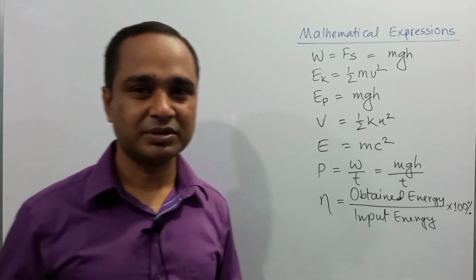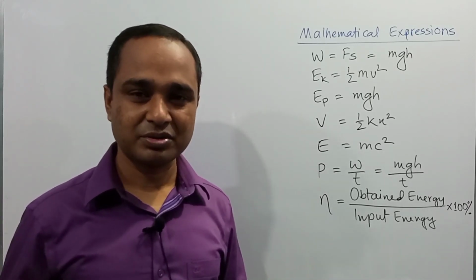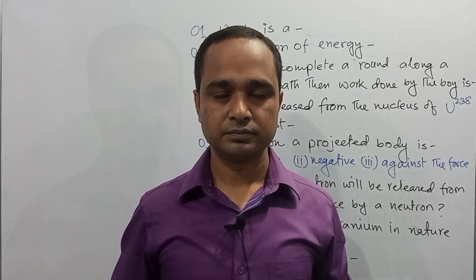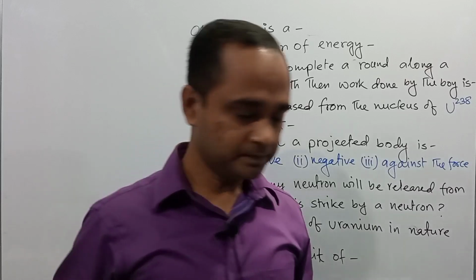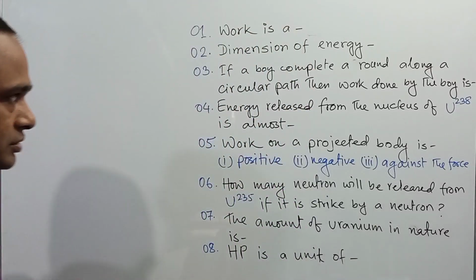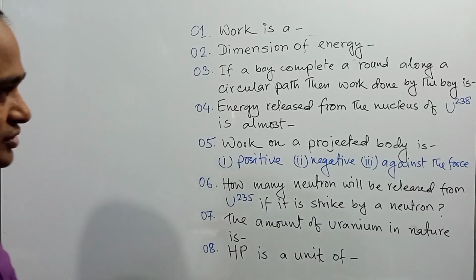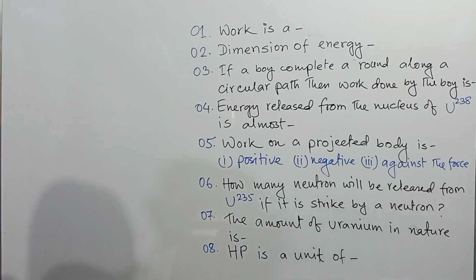So dear student, now we are going to see some short questions for the MCQ. Here are some short questions, and you will face this type of question in your MCQ exam.